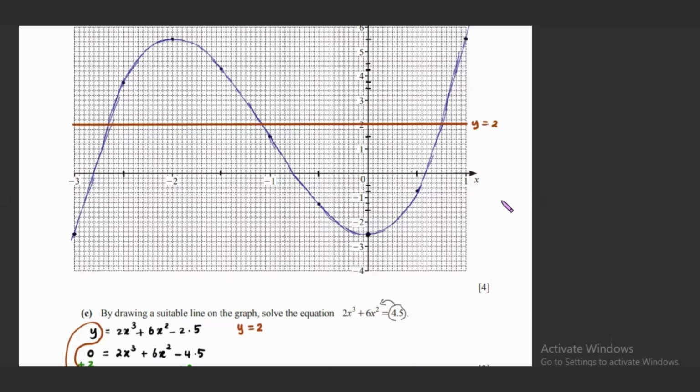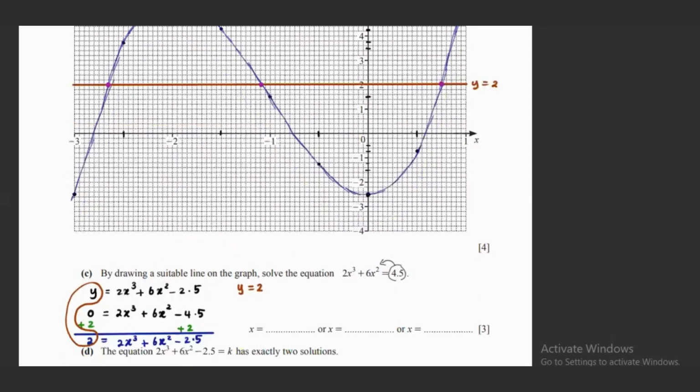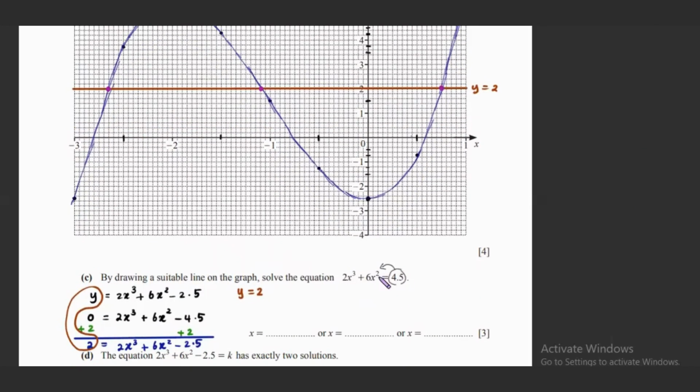Now, as we can see here, this y is equal to 2 line is intersecting the graph, that is the curve, at 3 points. This is one point, this is the other point, and this is the next point. We need to find their x values, and that is what we are supposed to write here.